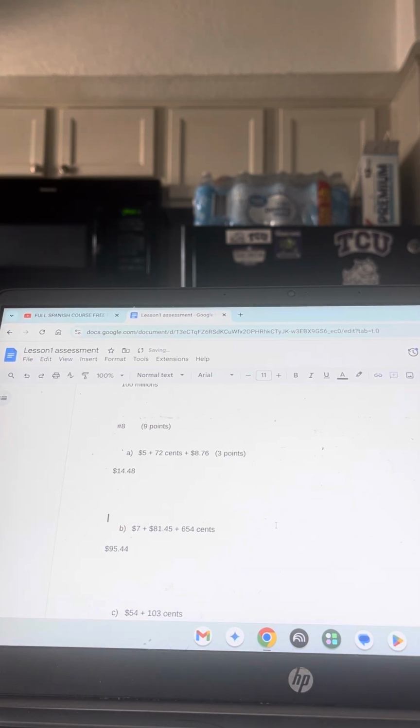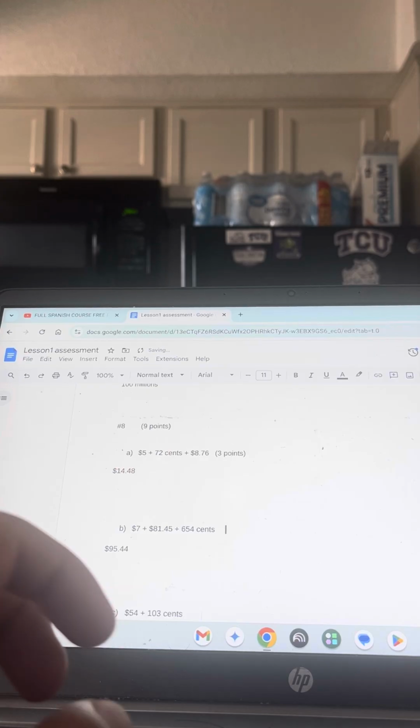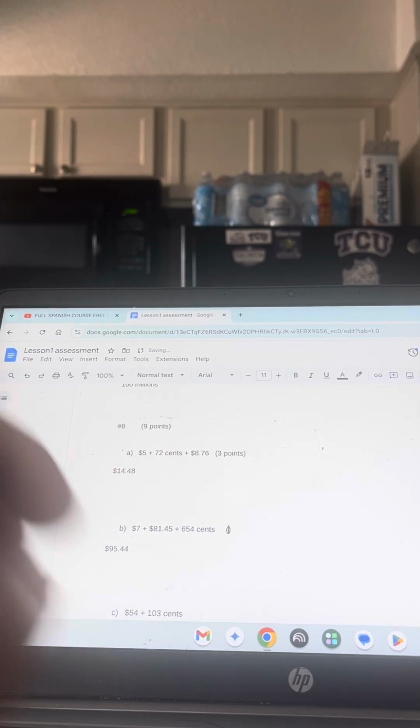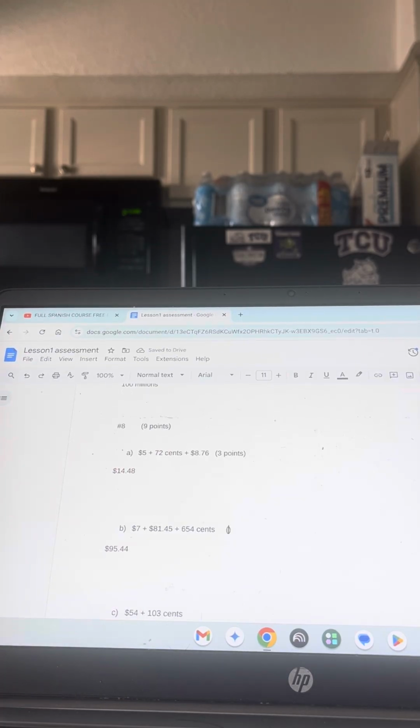Let's look at part B, see if you got this one correct. Let me just put this here so I can tell you how many points you're going to get. Okay. So you got $7 plus $81.45 plus $6.54.